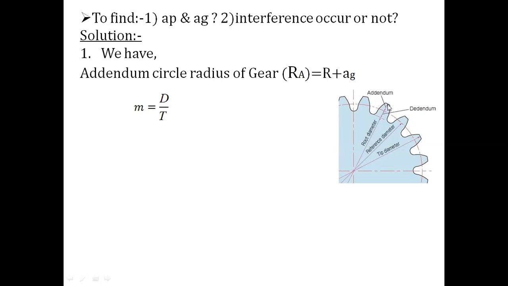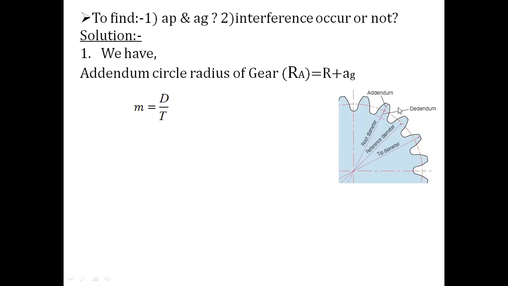This is addendum, I am showing here by the addendum above. So teeth circle radius plus addendum is equal to addendum circle radius for gear. The same thing happens in pinion also. This is teeth circle radius for pinion plus addendum of pinion, which is equal to addendum circle radius for pinion.